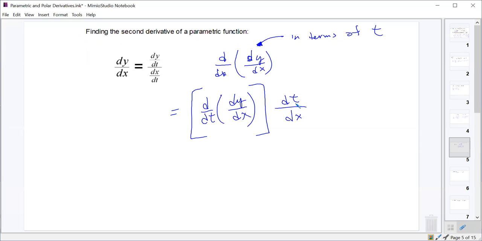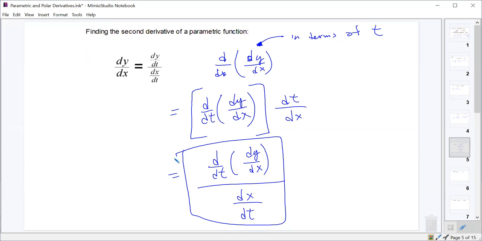But if we're multiplying by dt dx, that would be the same as dividing by the reciprocal of that. So we could say that what we want really is the derivative with respect to t of dy dx divided by dx dt. And this should be the second derivative of any parametric.